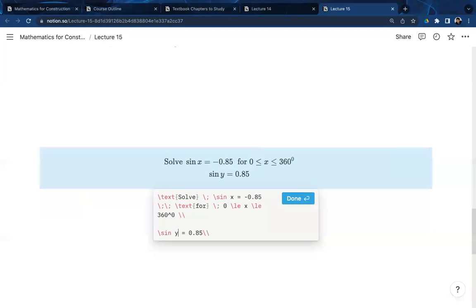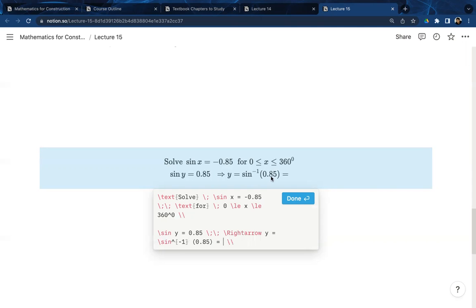Sorry, we call it y, right? If sine y is 0.85, that means y is equal to sine inverse of 0.85.